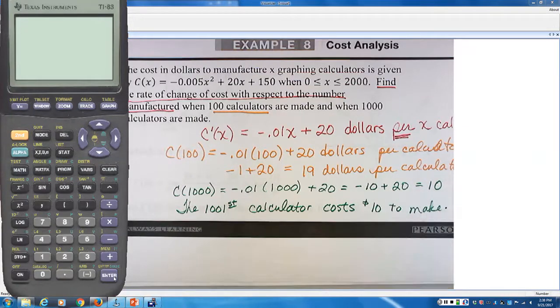And that means the 1,001st calculator only costs you $10 to make. Okay? I want you to think, and this is not calculus, I want you to think as business people, why would the 101st calculator cost you $19 to make, but the 1,000th calculator only costs you $10 to make? Why would that change so much?